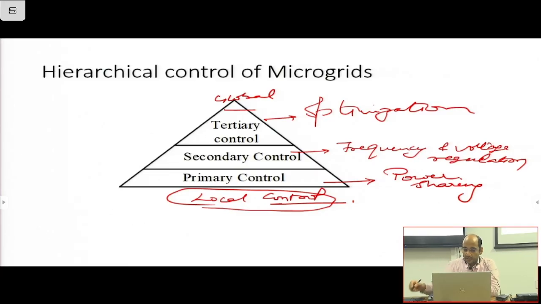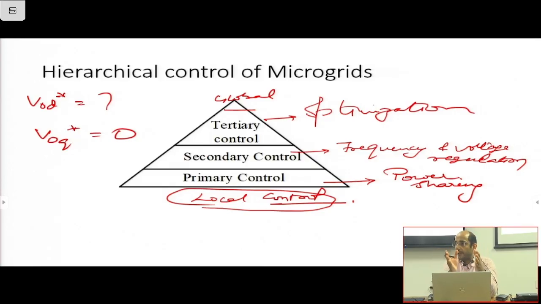The question is, what is my VOD star value? As I told, VOQ star is maintained at 0. You get the voltage aligned along the D axis, the Q axis reference voltage is set to 0, and you have all the voltage along the D axis, right? Now what is the value of this? How much value do we give this?